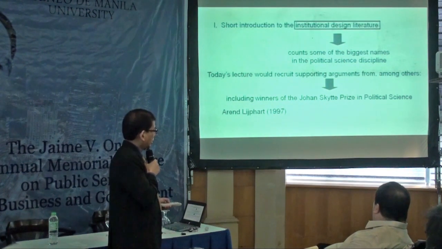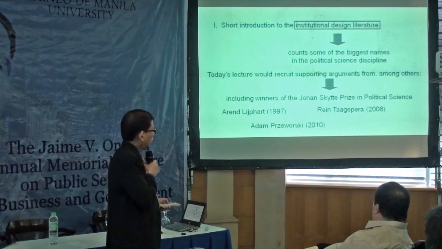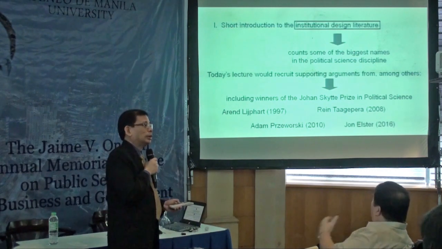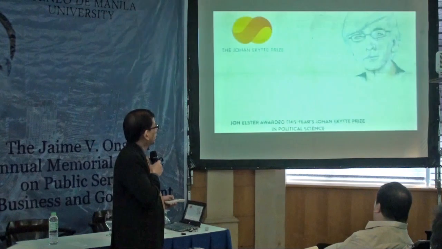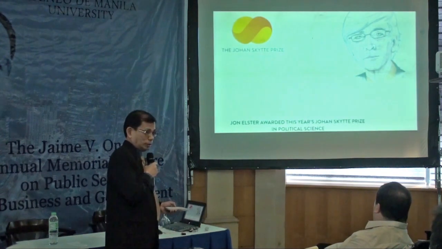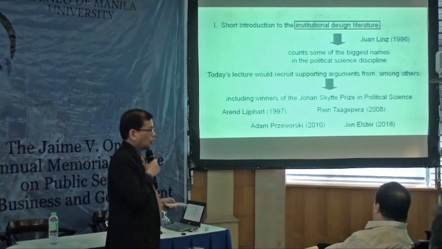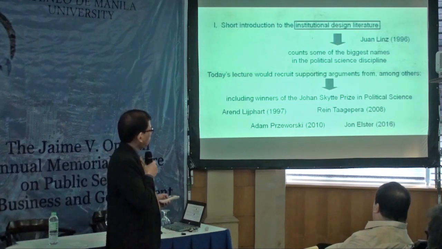He got the award in 1997. Rein Taagepera in 2008. Adam Przeworski. And the most recent winner, Jon Elster, just this month, October 2016, as the most recent winner. We're also going to mention Juan Linz, who won the award in 1996, but in a critical light.